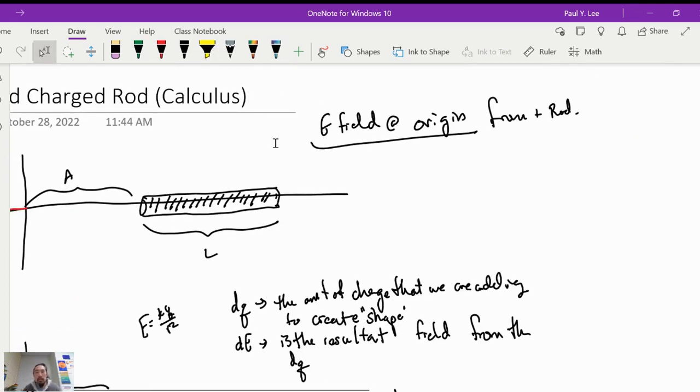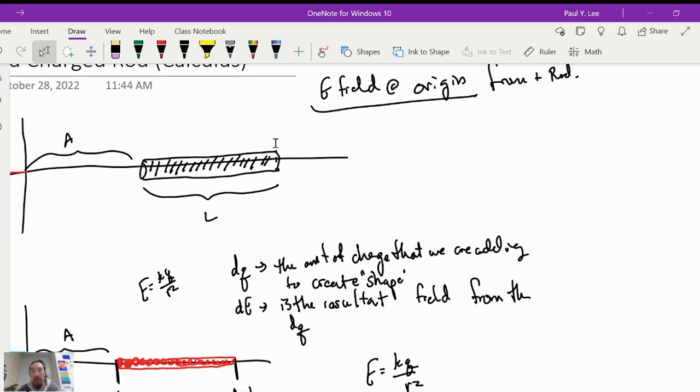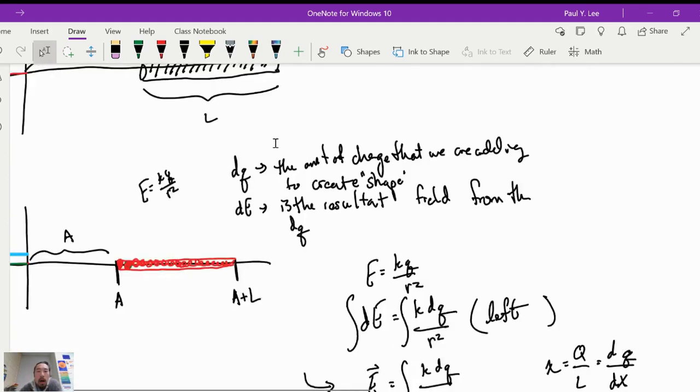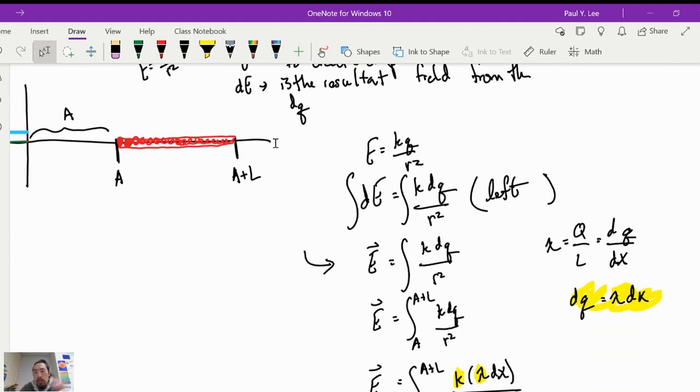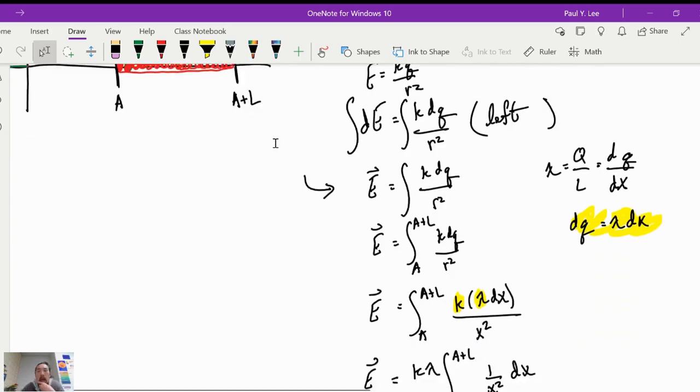All right, so a quick little recap. In order to be able to solve these kinds of problems, one, you have to ask yourself, will Gauss's law work? And the answer is no. You have to go through this calculus version of finding the E field. Number two, make sure you set up the E field formula accordingly. Make sure that you know what the tiny little bits are that you are changing.